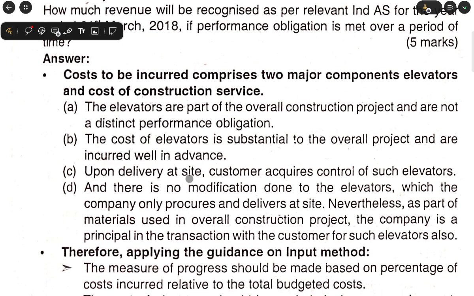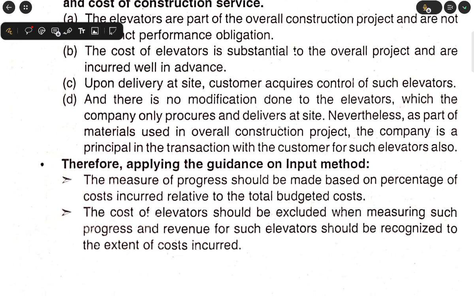Upon delivery at the site, the customer acquires control over the elevator, and there is no modification done to the elevator, which the company only procures and delivers to the site. Nevertheless, apart from the materials used in the overall construction project, the company is a principal in the transaction with the customer for such elevator also.